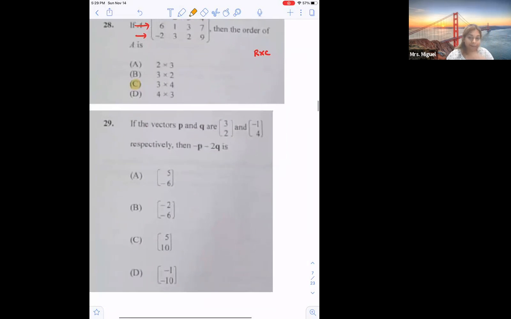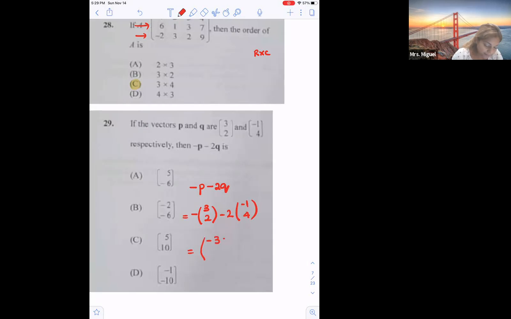Now look at 29. 29 is one that comes regular with the same values, but sometimes they change it up. So now they want negative p minus 2q. So negative 3, 2 minus 2 by negative 1, 4.